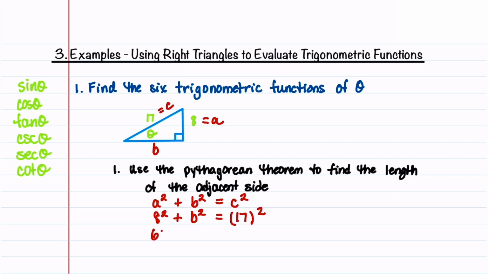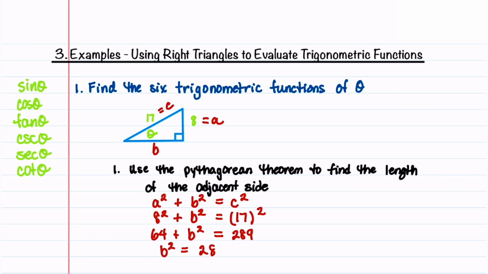So 8 squared is 64 plus B squared is equal, and you can throw this one in your calculator unless you know it. 17 squared is 289. We then isolate B squared on the left, so we'll subtract 64 from both sides of the equation.